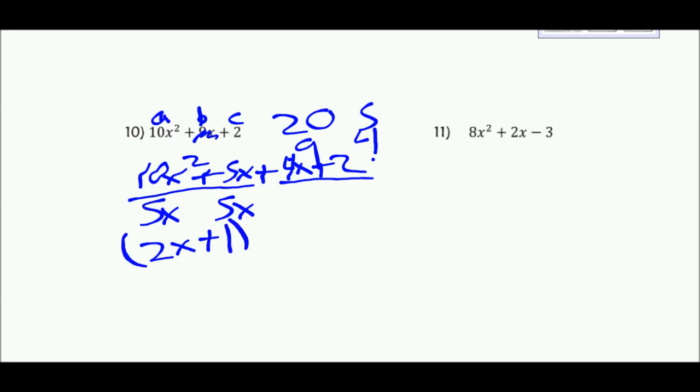So this side has to equal 2x. So we divide by 2. And then this would give you 2x plus 1. And we divide by 5 over here and 2 over here.